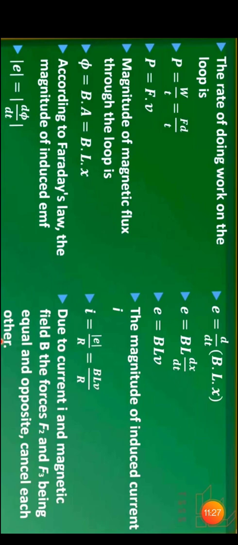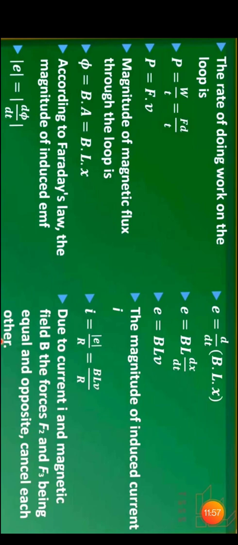Then the equation goes: phi is equal to B dot A, which is equal to B dot L dot X. As X increases, the flux decreases. According to Faraday's law, the magnitude of induced EMF, mod of E, is equal to the mod of d phi upon dt.